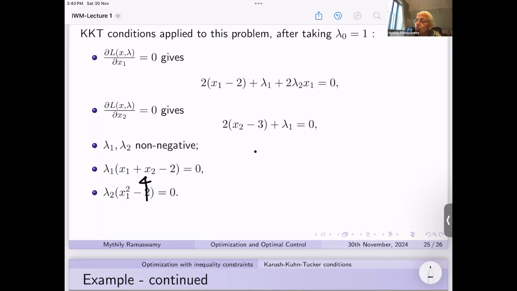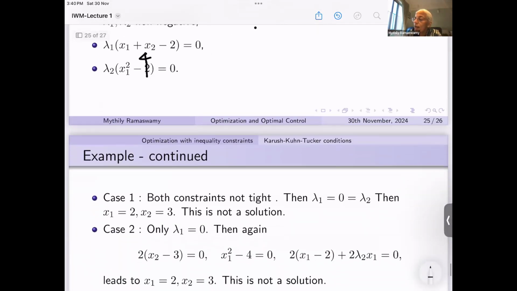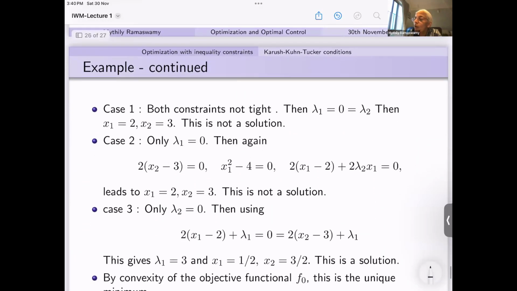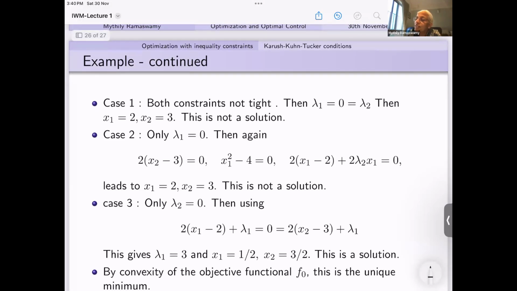Because x1 plus x2 must be less than or equal to 2, and 2 plus 3 is 5. That is not less than or equal to 2. The second condition is satisfied, but the first is violated. So if the constraints are not tight, that means the constraint is strictly less than 0, which means lambda 1 must be 0. F2 is strictly less than 0, which will imply lambda 2 is 0. Then I have this possibility, which is clearly not a solution.